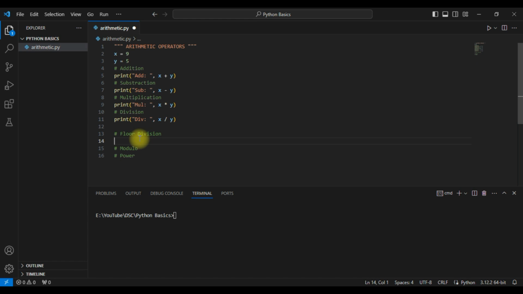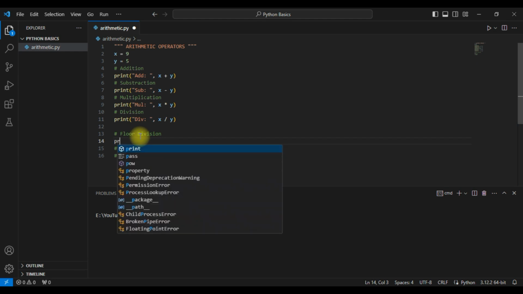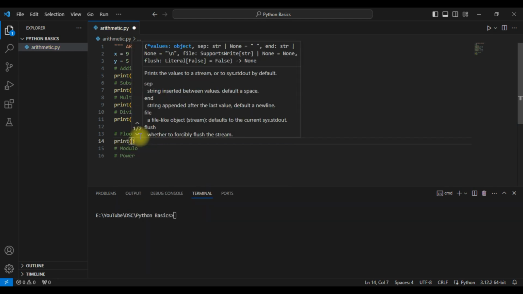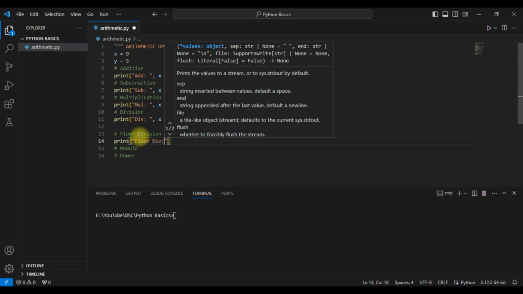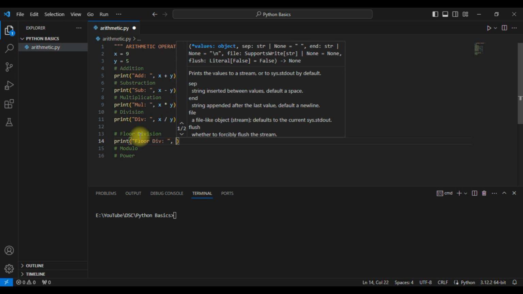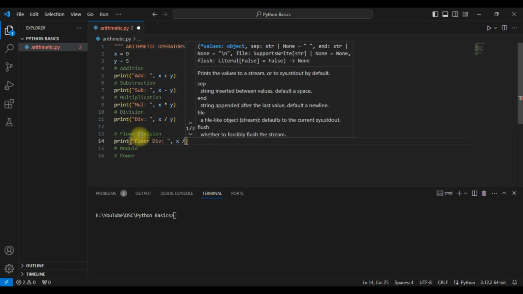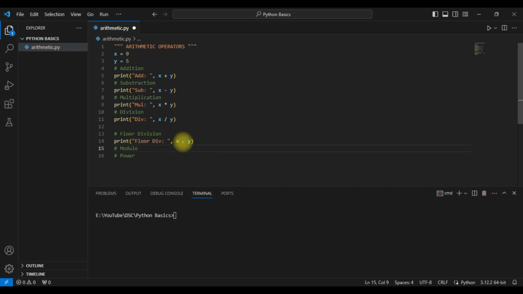Instead of that, the floor division omits the remainder. So when you do the floor division of 9 by 5, you are going to get the answer as 1. It omits the remainder. And you will find somewhere you will need that.